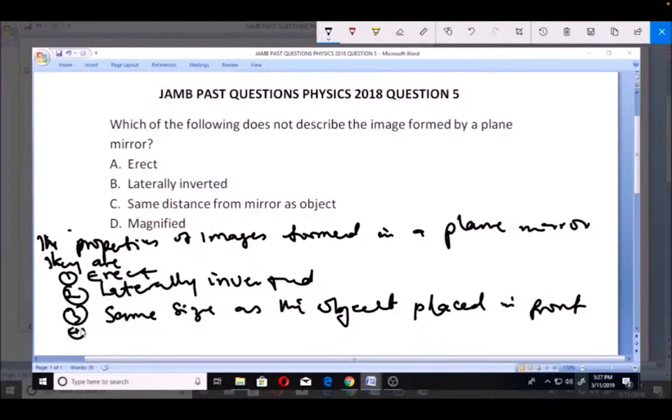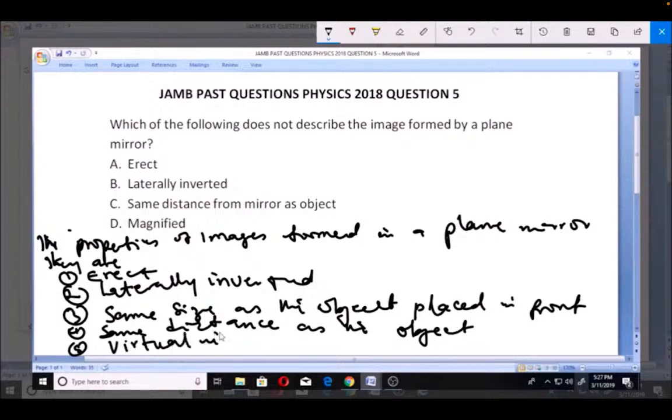Then 4, they are also same distance as the object in front. And number 5, they are virtual. That is, they cannot be formed on a photographic screen. They are virtual.